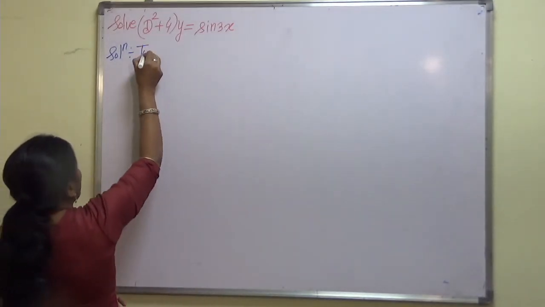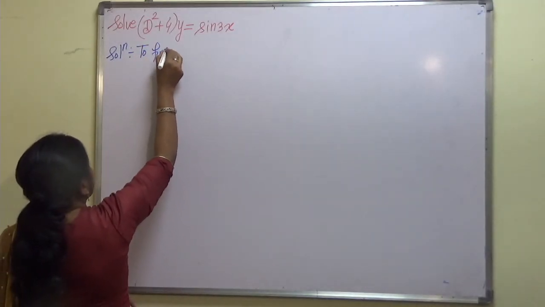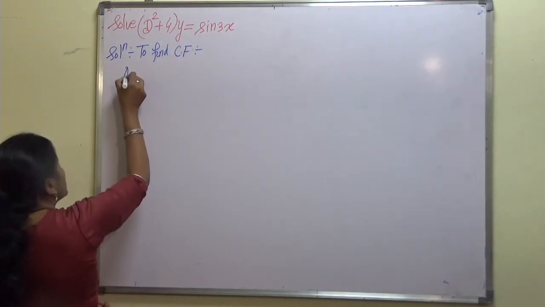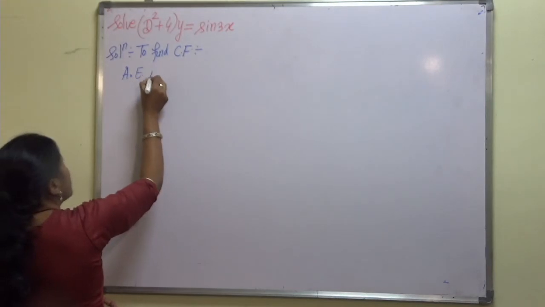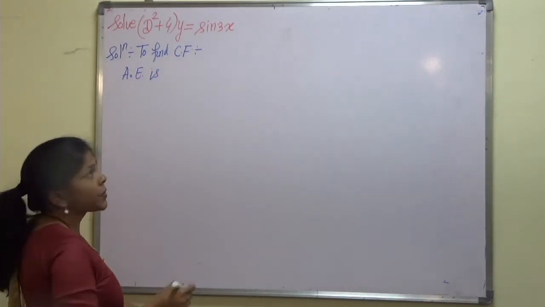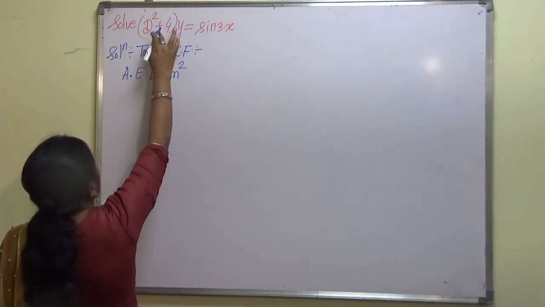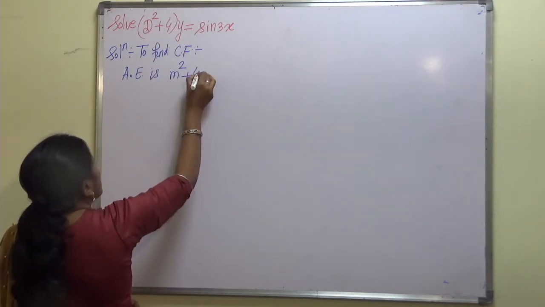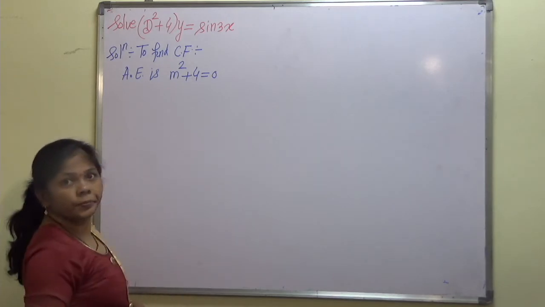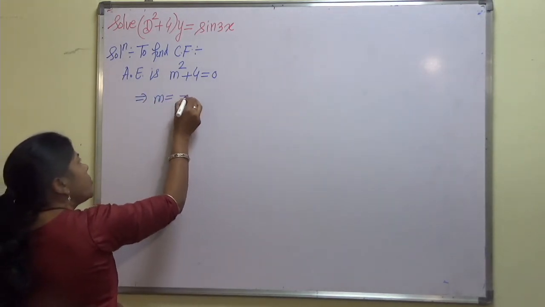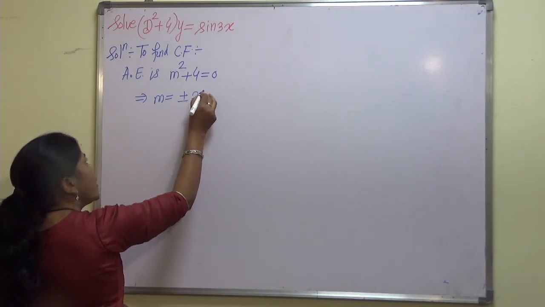To find the complementary function we need the auxiliary equation. Let us find the auxiliary equation. The auxiliary equation is: replace D by m, m square plus 4 equal to 0. Solve this, you will get m equal to plus minus 2i.